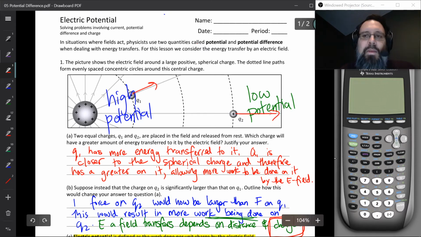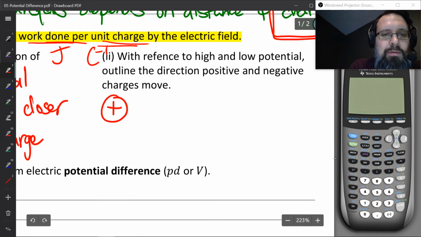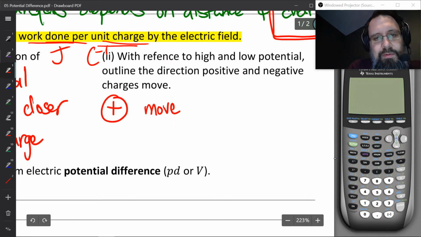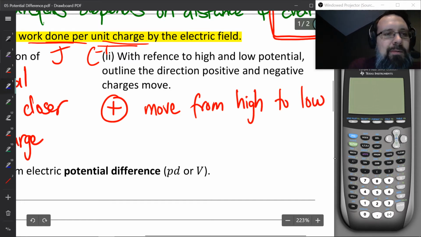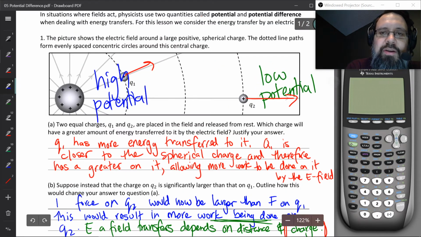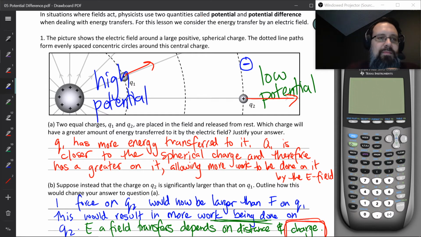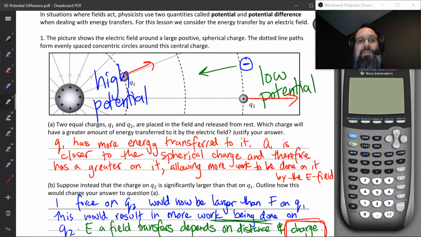From high to low. Positive charges move from high to low. But what if you're a negative charge? What if I stuck a negative charge over here? What would it do? It would be attracted, which means that negative charges actually don't go from high to low.